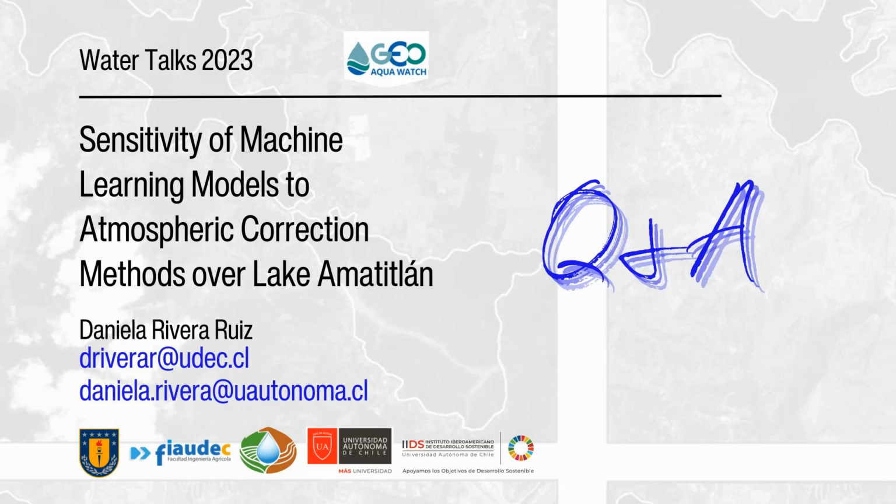Yes, so actually the results from one principal component and two principal components for the TOA datasets, and also the land-based processors, they didn't really improve that much. I think it's because of the complexity of Lake Amatitlán as well. If we see, for example, the classifications that we had of the lakes when we used the land-based processors and the TOA image, the algorithm was mapping mainly water, and did not see any different things within the water.